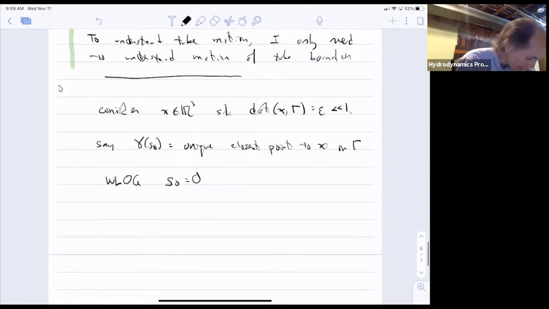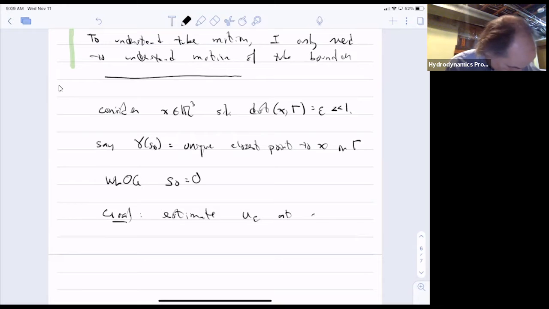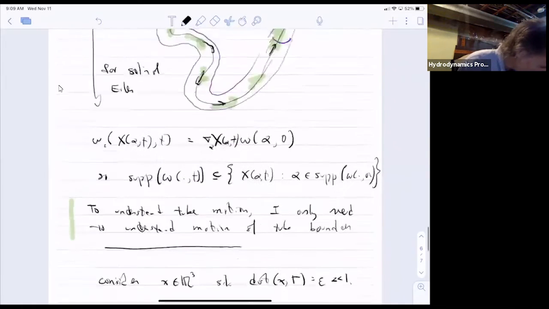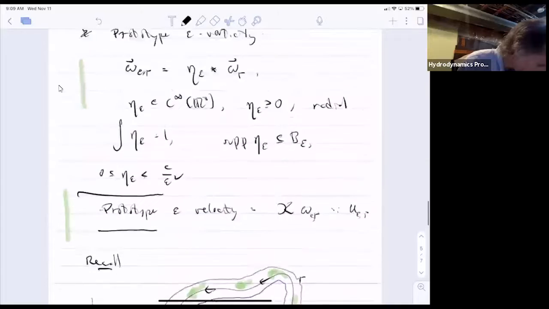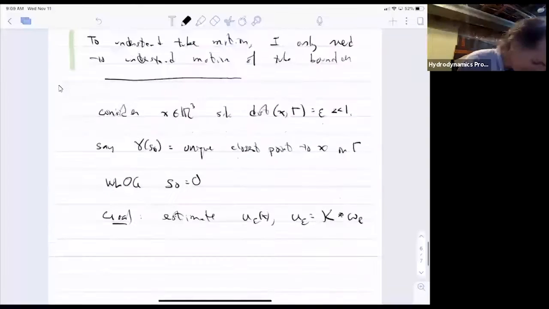Okay, and I want to estimate u epsilon at x, where u epsilon is the Biot-Savart kernel applied to omega epsilon gamma.